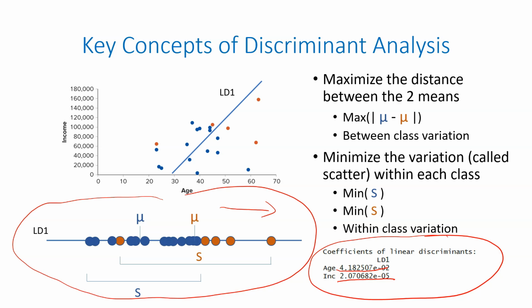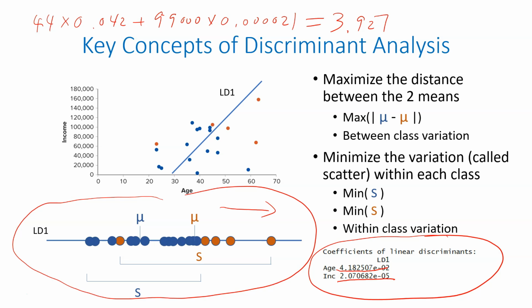For example, for the first customer whose age is 44 and has an annual income of $99,000, this is how we would calculate its value on the new dimension LD1. And the value turns out to be 3.927.